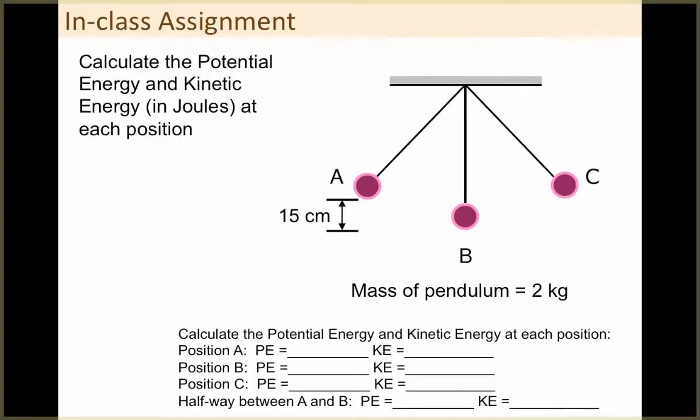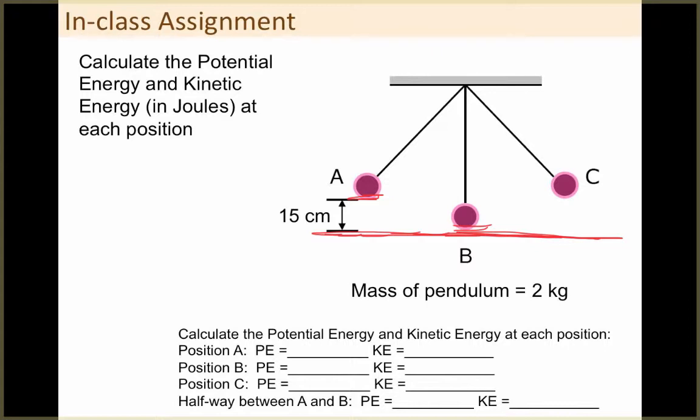We're given a distance, and if we use this as our base level, right where it comes to the bottom, it means the bottom of the pendulum is right at our base level, and the top of the swing is 15 centimeters up. That gives us a good starting point because the potential energy when the pendulum's at its base level is 0.